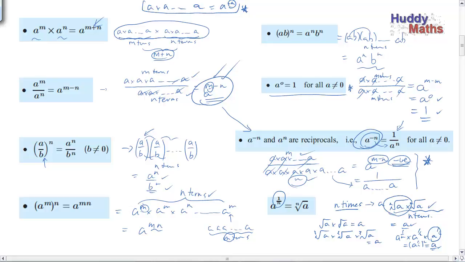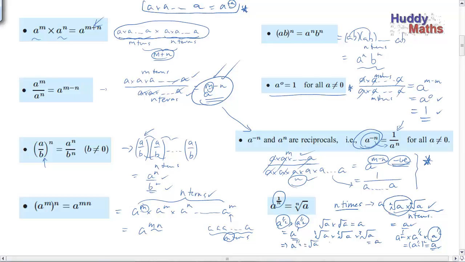Now think about that. Let's do another one. a to the half by a to the half, adding the exponents, a to the 1. So by definition, these two, which are the same as each other, when multiplied together give a. So they must mean the root of a. a to the half would be the root of a.